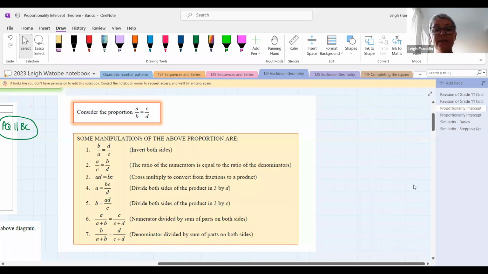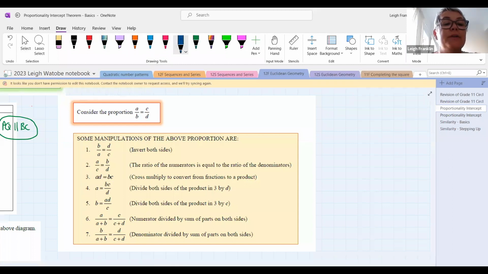Okay, so let's get started, all right? First of all, I want you to understand that a proportion is a relationship between four things, okay? So this over here is called a proportion. So if I say to you 1/2 is the same as 5/10, that is a proportion.